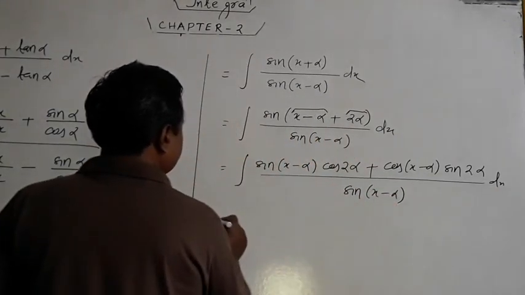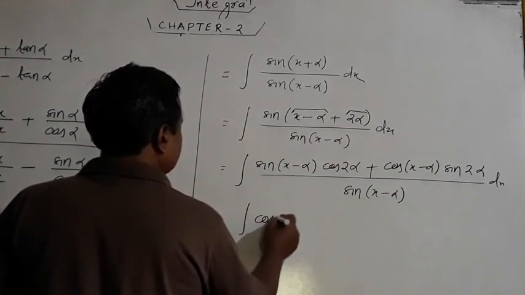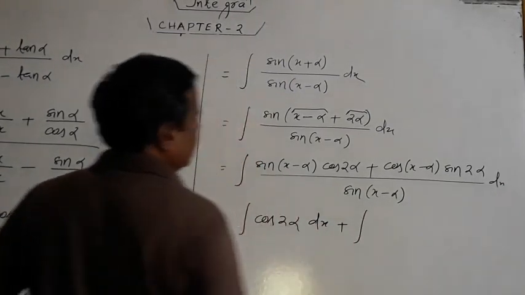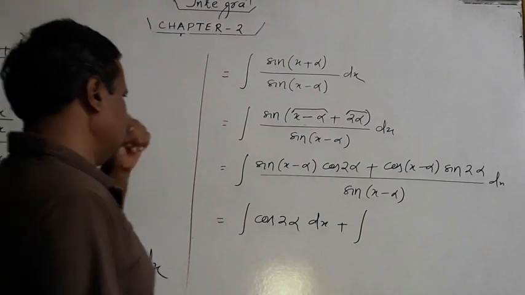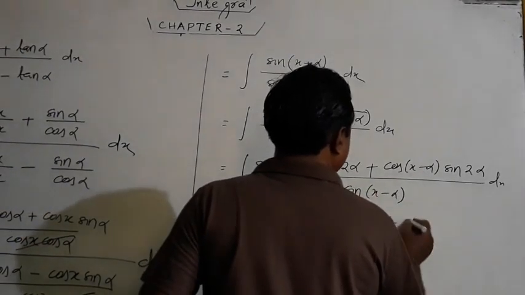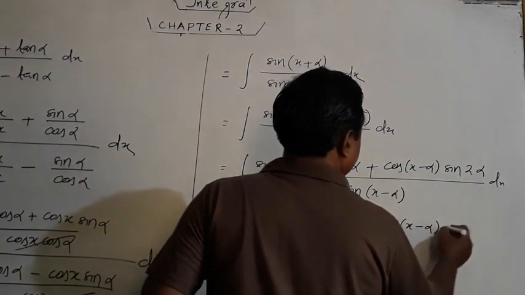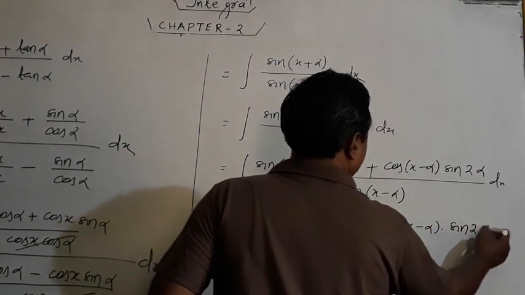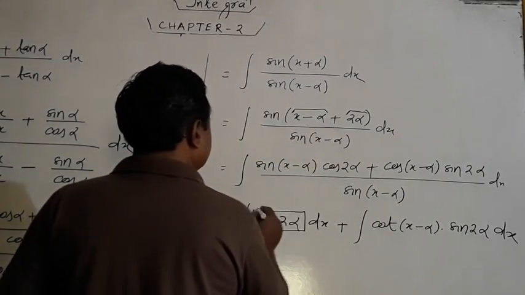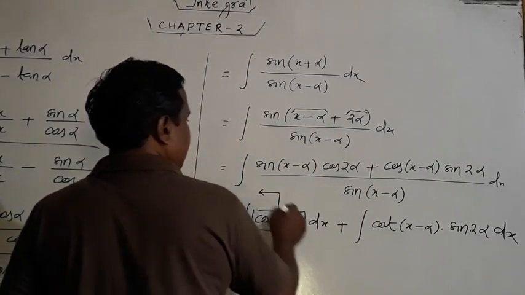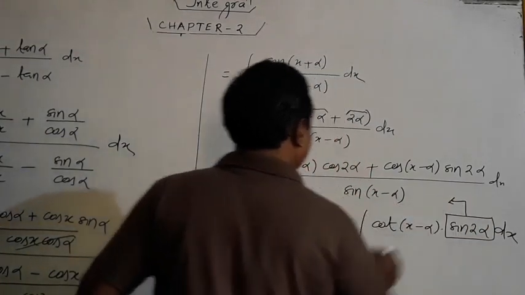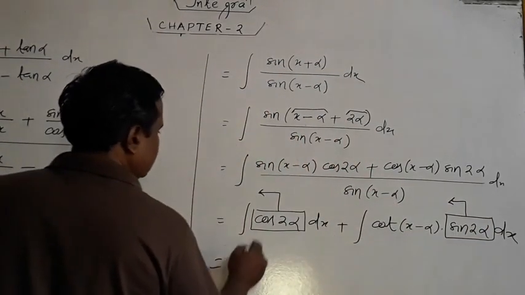Then divide this to this. It becomes what? It becomes cos 2 alpha dx plus integration. Divide this to this. It becomes what? Cos by sin. It is cot x minus alpha into sin 2 alpha dx. Now you have to take outside this constant and this constant. Okay. What will happen? Tell me. It is cos 2 alpha.